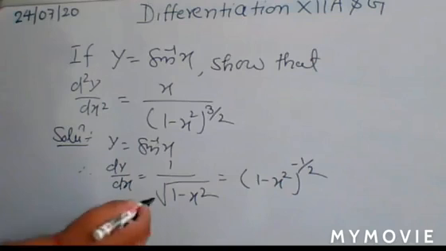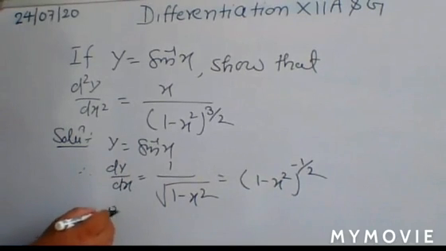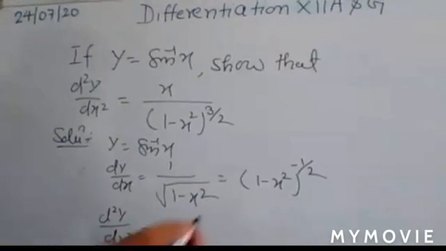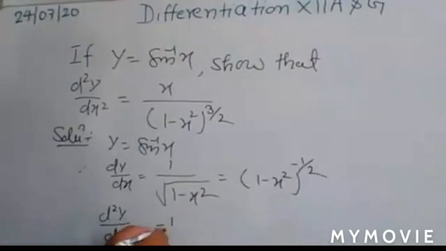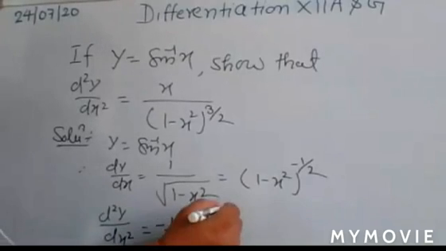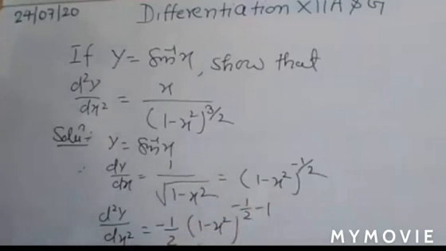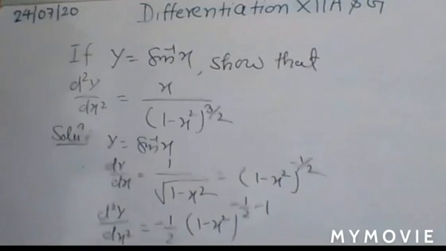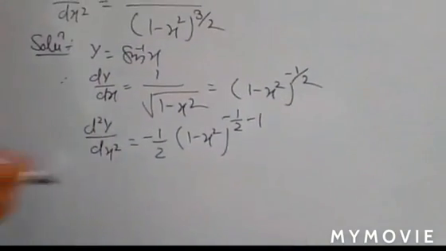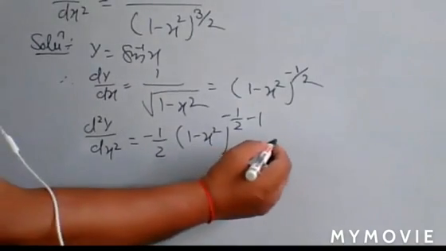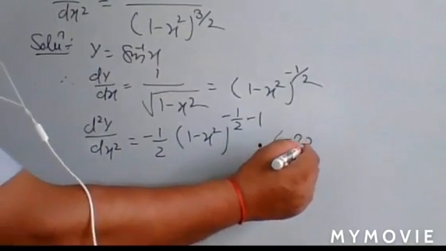So applying the second derivative, d2y by dx2 is equal to, first you treat that as x to the power n. Their formula is n into x to the power n minus 1, so minus 1 upon 2, (1 minus x square) whole power minus 3 by 2, into the differentiation of minus x square, which is minus 2x.